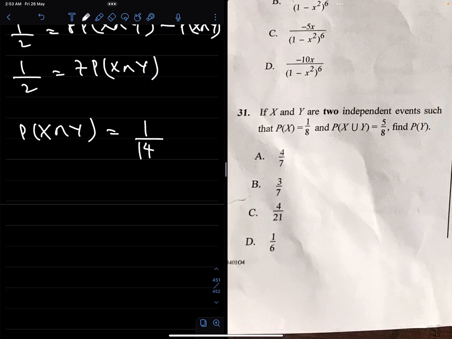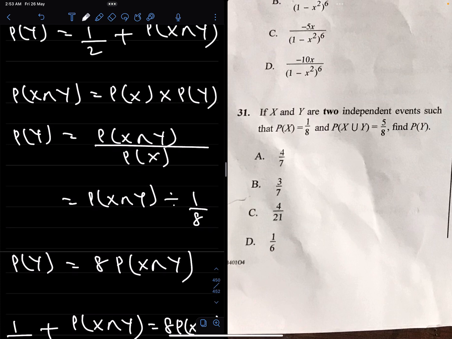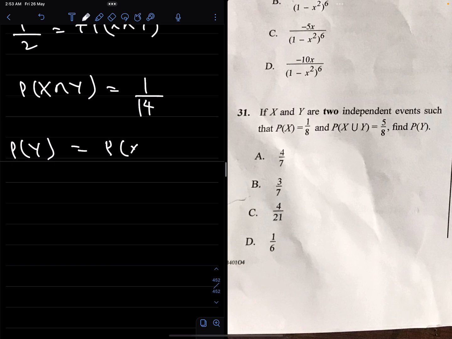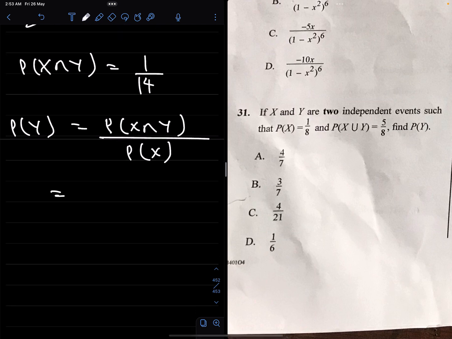So if that's 1 over 14, then we can find the probability of y. The probability of y is therefore equal to p of x intersection y over p of x. The probability of x and y happening, or the events x and y occurring, is the probability of x intersection y, which we have found to be 1 over 14, divided by 1 over 8.